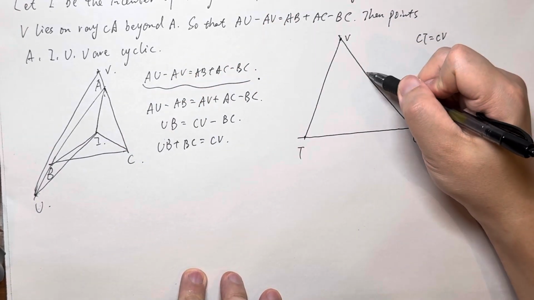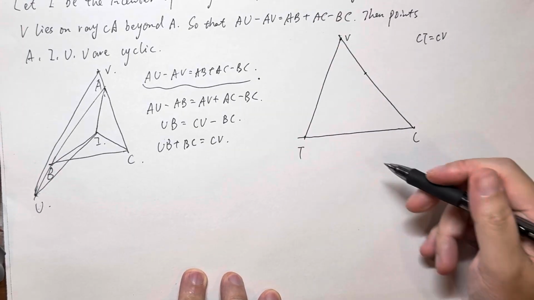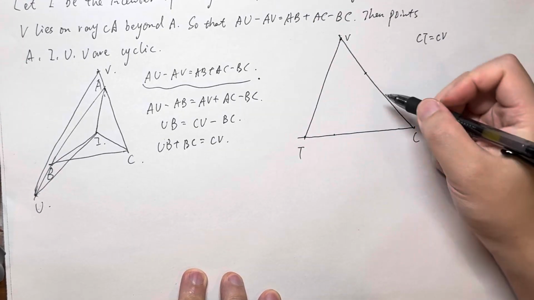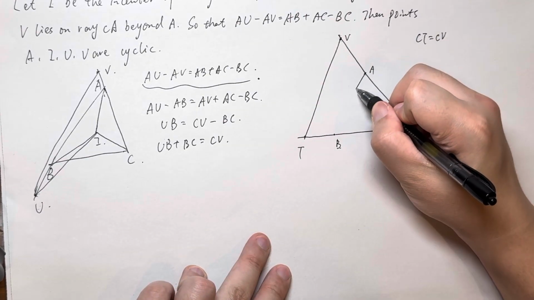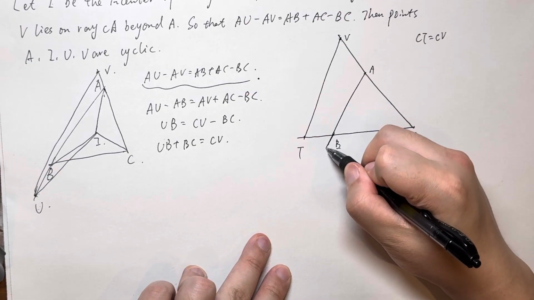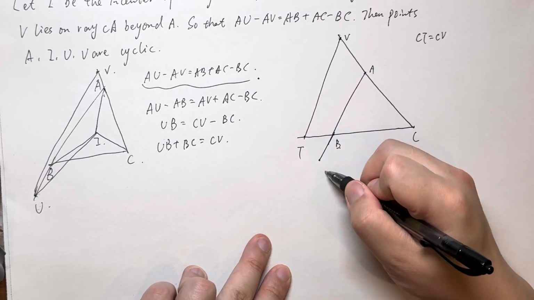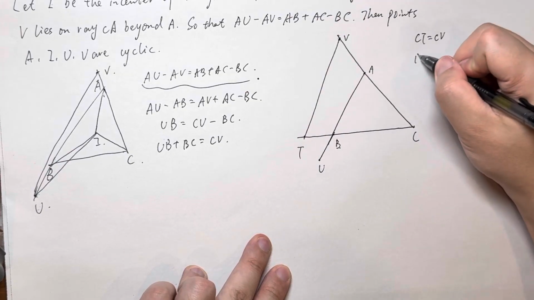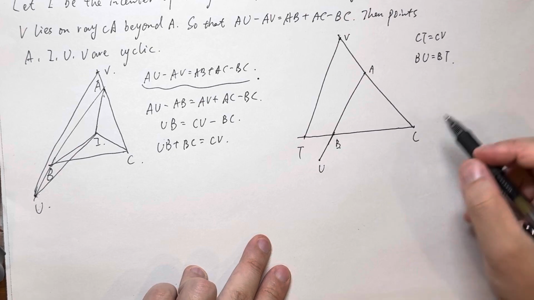Then we can arbitrarily choose 2 points on CV and CT respectively. Let's call them A and B. We connect AB and we extend AB to a point U such that BU equals BT, right?